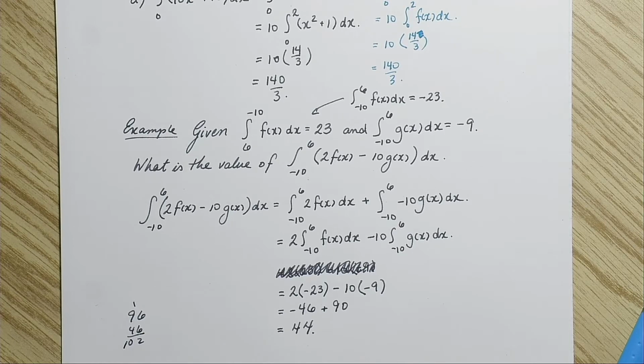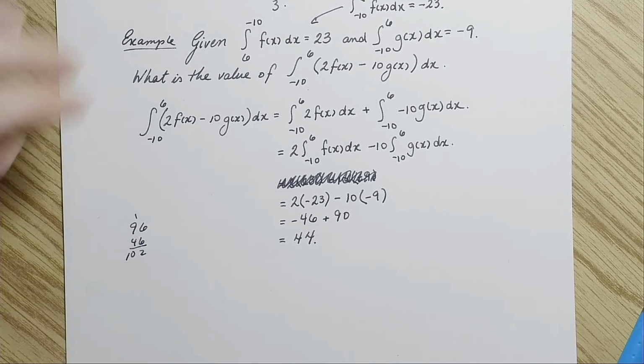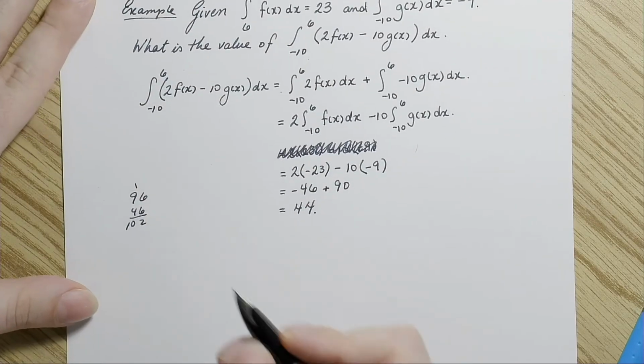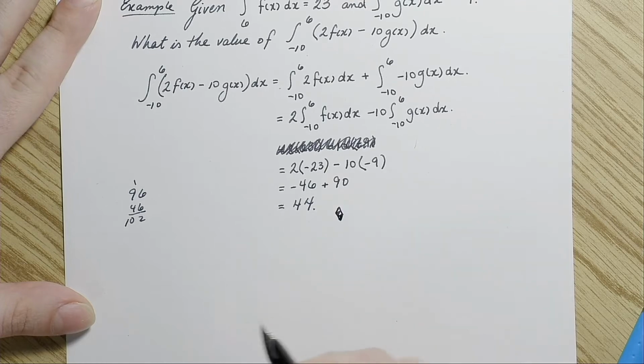You could have seen an answer like that, 102, and you would have selected it and that would have been wrong. So careful. Okay, so that's done.